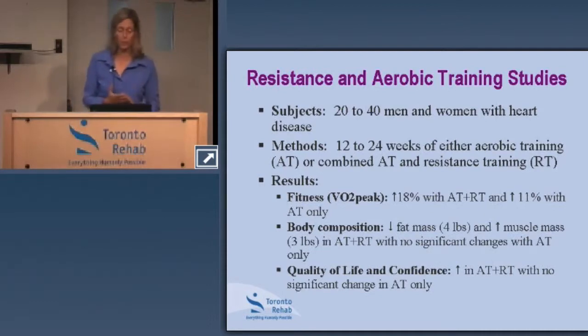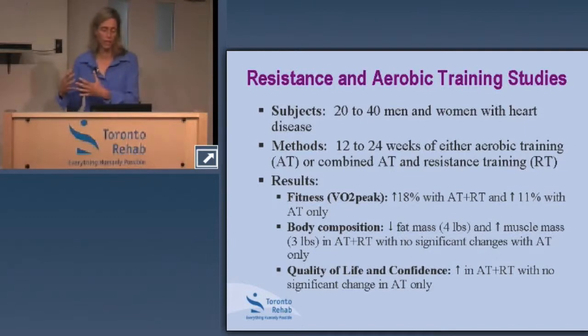The results were that the people that did the combined training, the aerobic training and resistance training, had an improvement in their fitness level of 18%, while the people doing aerobic training only improved 11%. In terms of body composition, the combined training program group had a fat mass loss of 4 pounds, and their muscle mass increased by 3 pounds on average, while the aerobic training only group had no significant changes in their body composition.